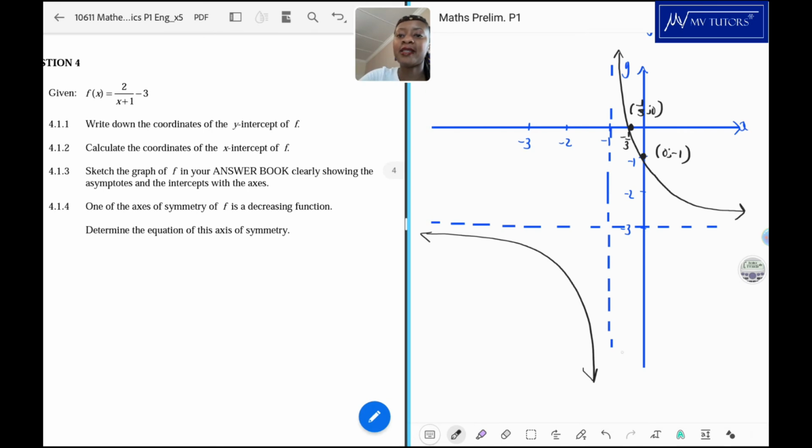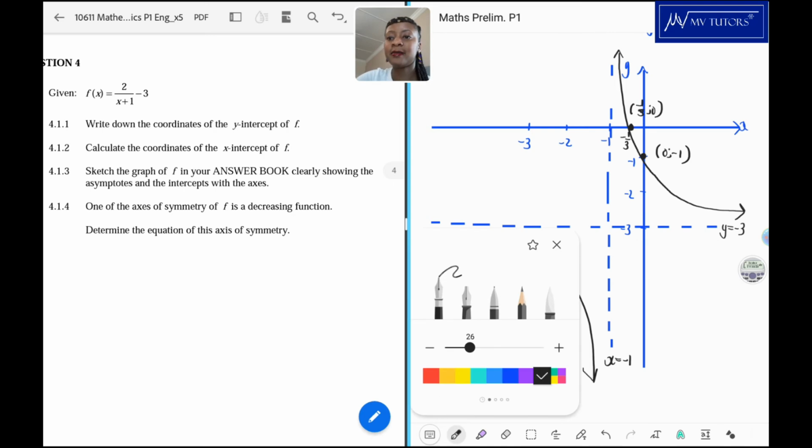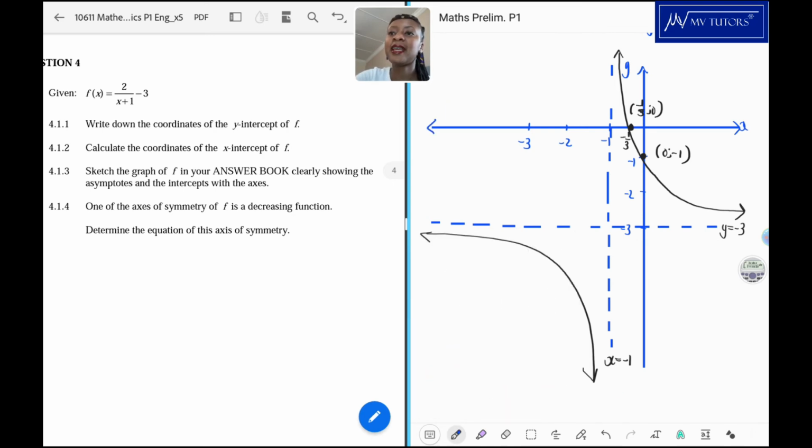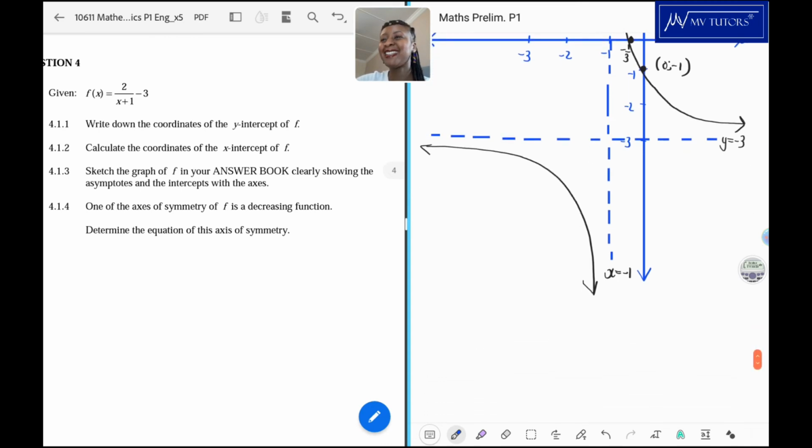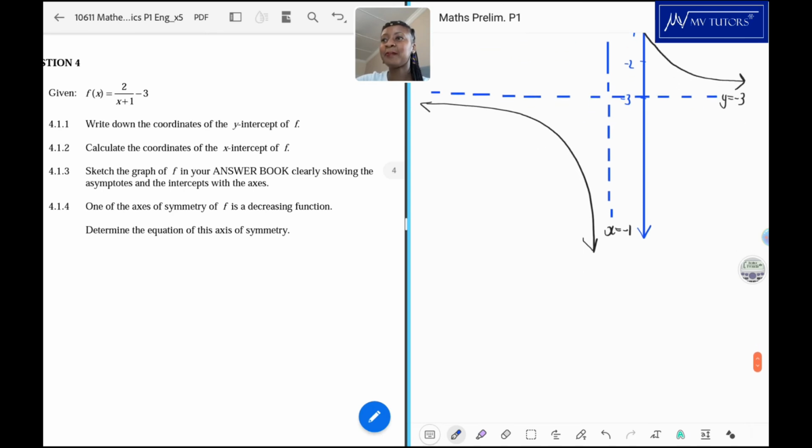And then our asymptotes, we have x is equal to -1, and then y is equal to -3. And that is our graph, guys. In the exam, you have a proper sheet that you can draw with, so it's much better.